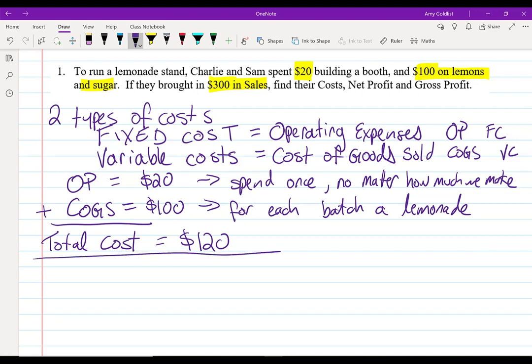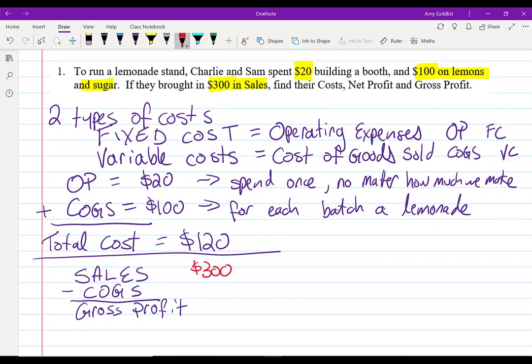So now what we can do is look at what we call an income statement. We write down our sales, then we subtract the cost of goods sold, and at the end, what we get is called a gross profit.